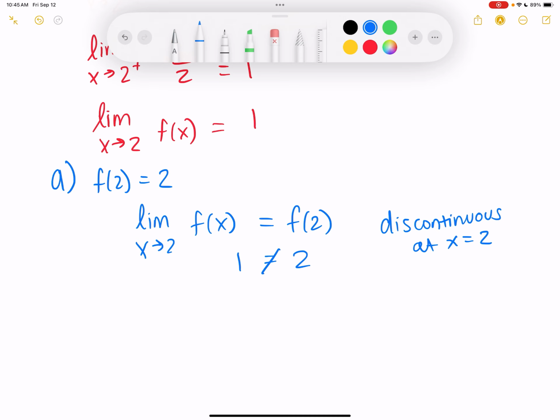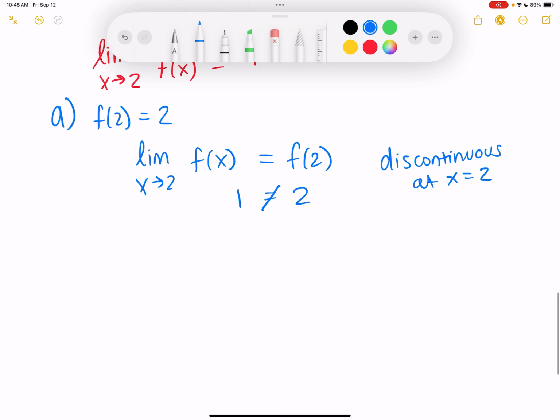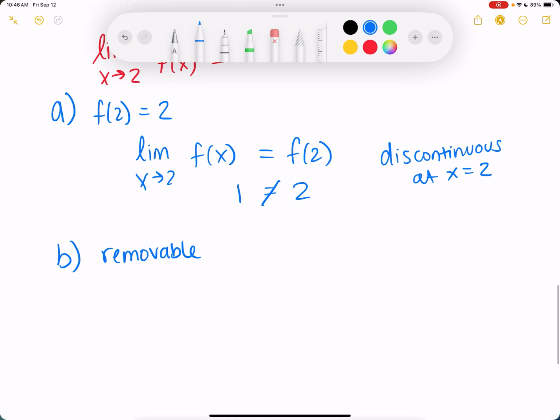So B, this is a removable one. And they want us to give a reason. And so essentially, I could point back to this being my reason right here. I already have shown it here for the reason behind that.